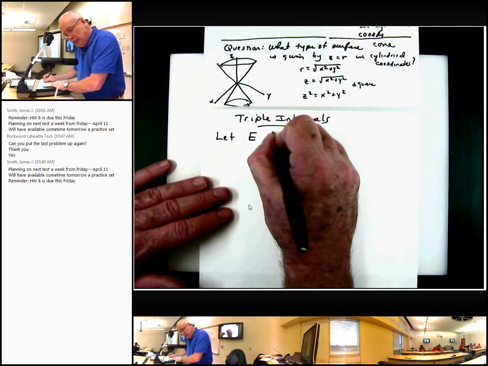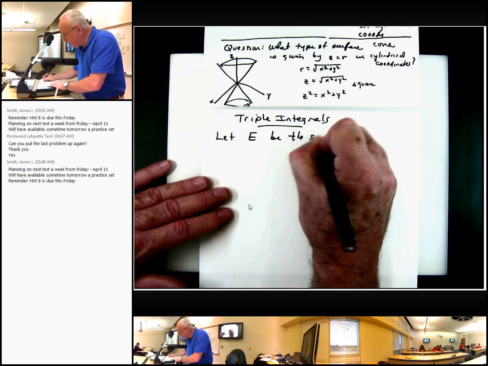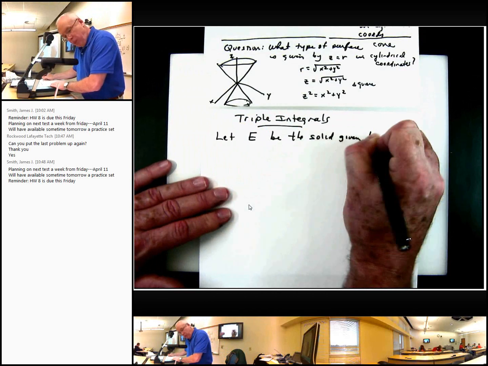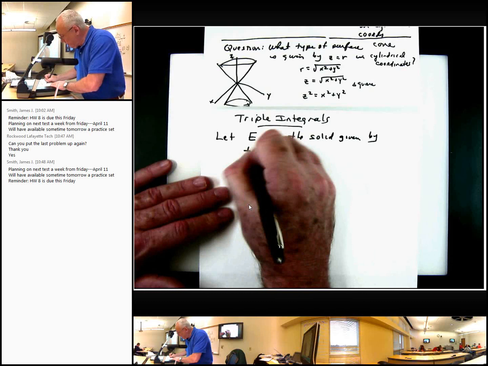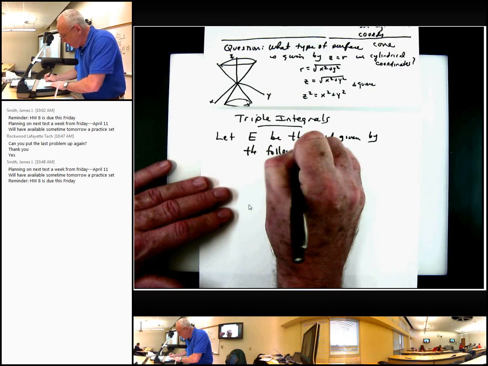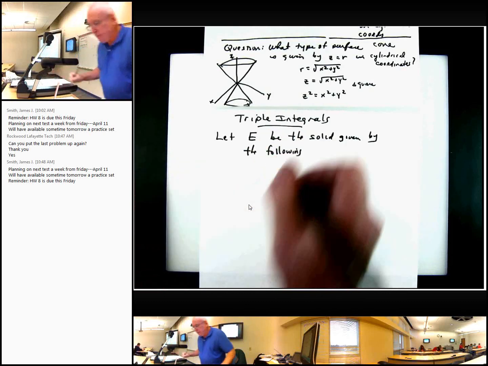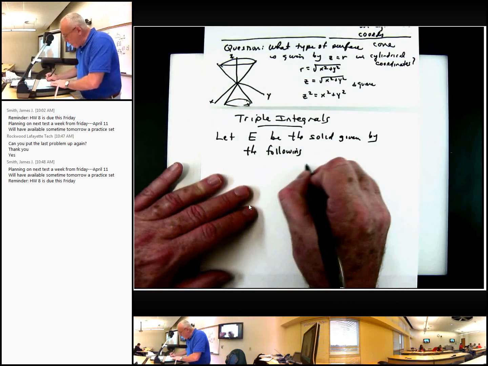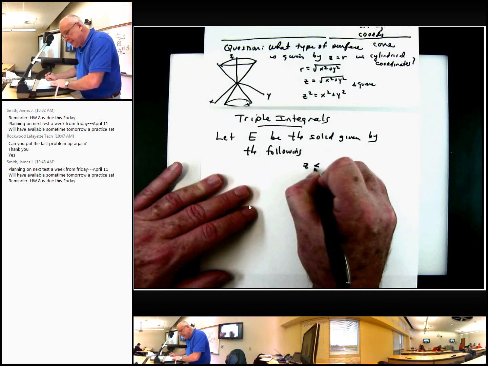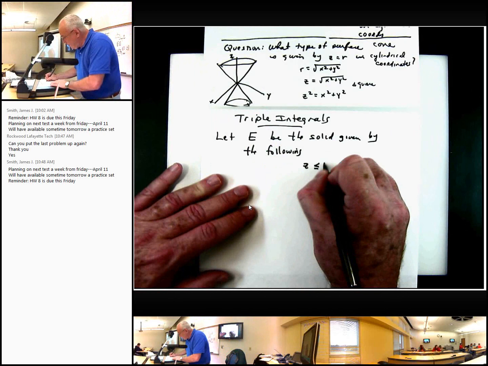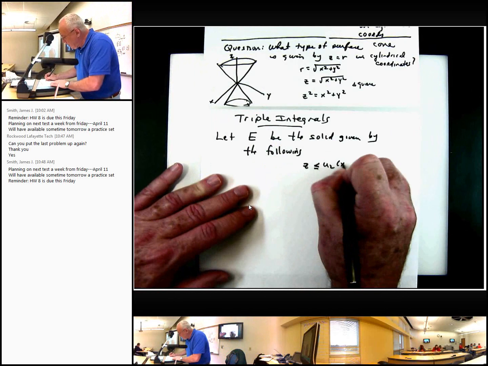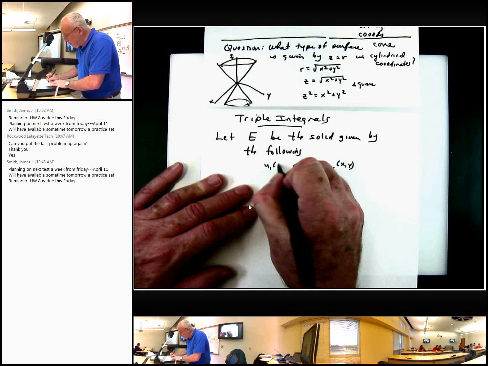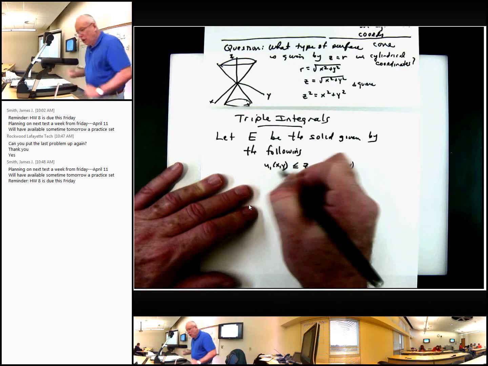Let E be the solid given by the following. z is less than a function of x and y, let's call it U2, and bigger than another function of x and y, call it U1.